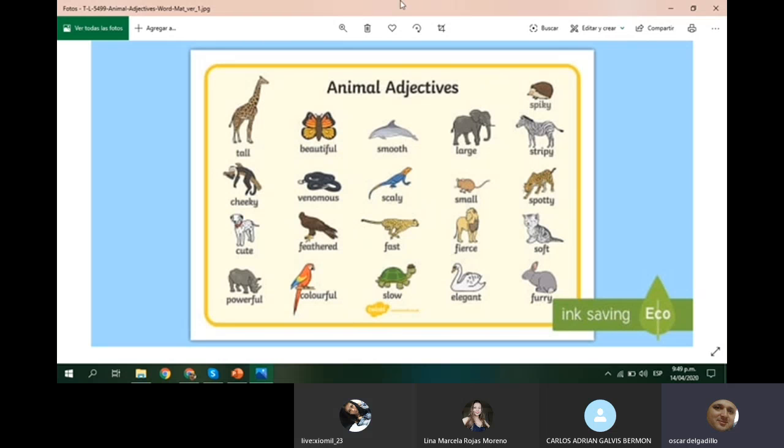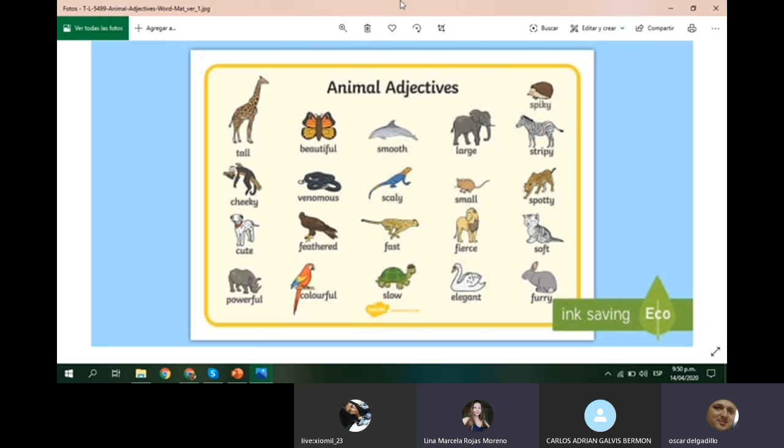Okay, thank you. And Lina. The first is my cat is softer than the turtle. The second is the ghost is more elegant than the monkey. The third, the rhino is more powerful than the zebra.